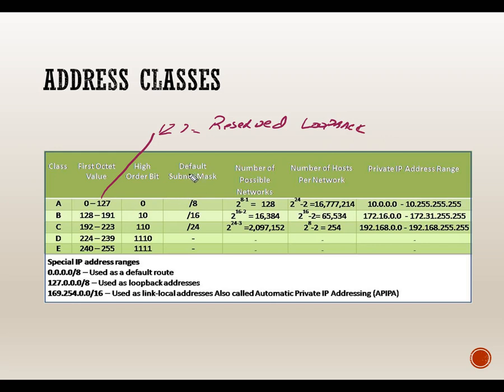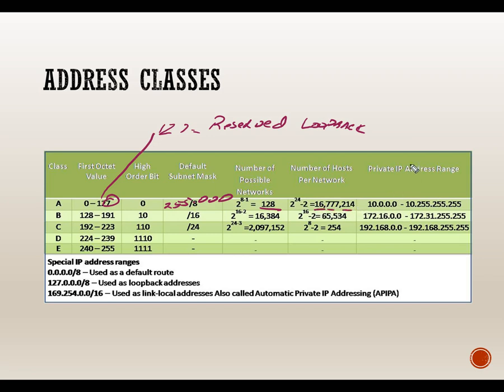The default subnet mask is /8, 8 bits, 255.0.0.0. The number of possible networks is 2 to the 7 minus 1, 127 networks, because we're not using 127 in these.